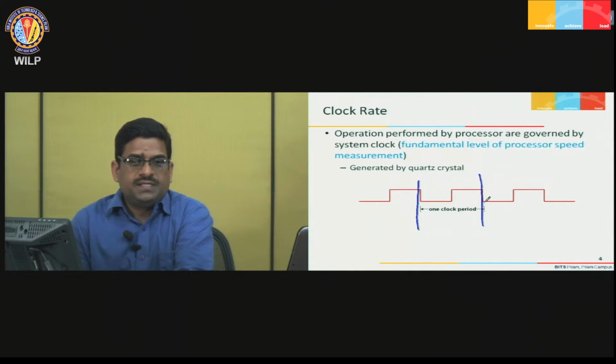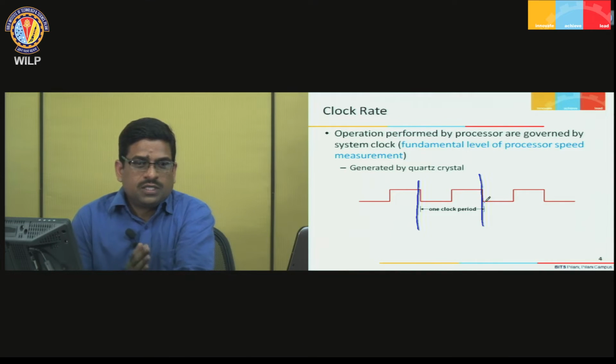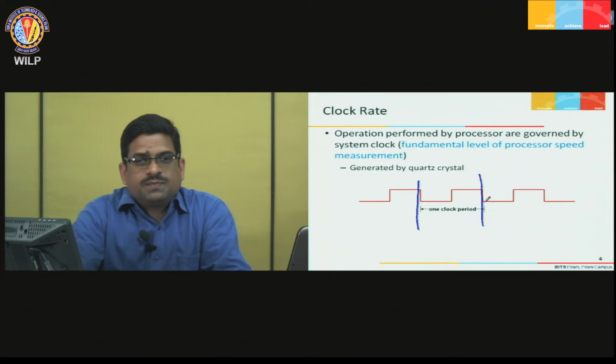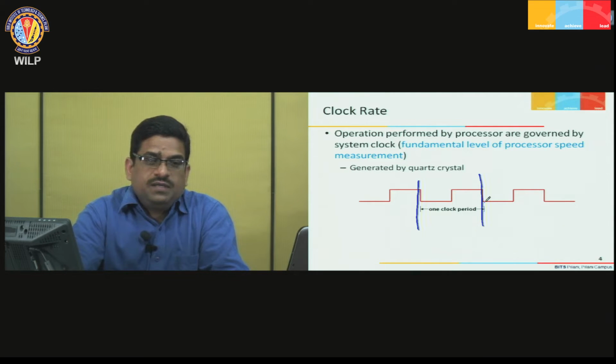The higher the clock speed, we say the processor is faster. But in each clock duration, the processor is doing something, completing some part of the execution. So, all the operations in the processor are synchronized with respect to the clock. Now, what are the operations? An operation can be transferring data from one register to another register.